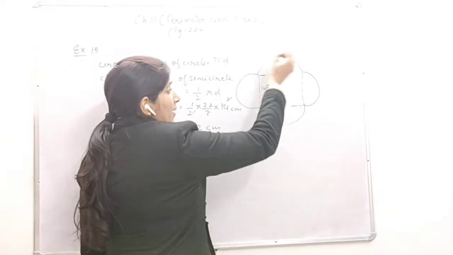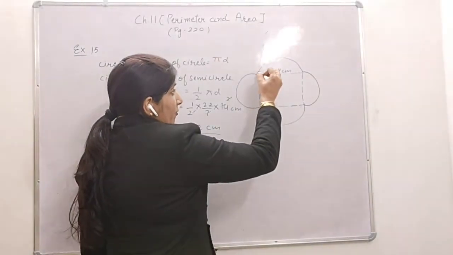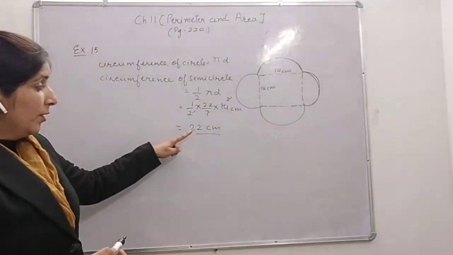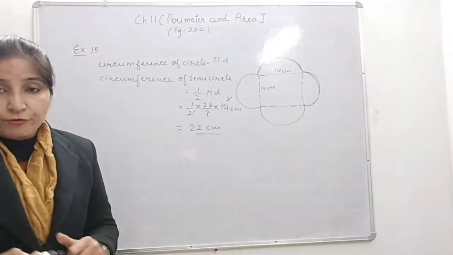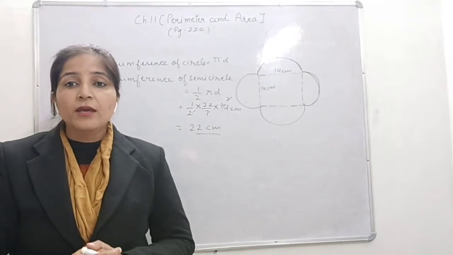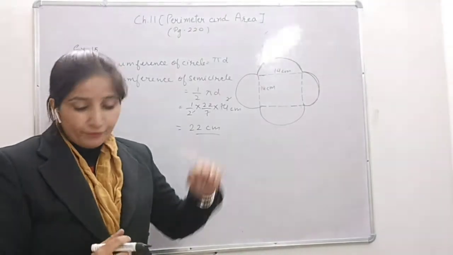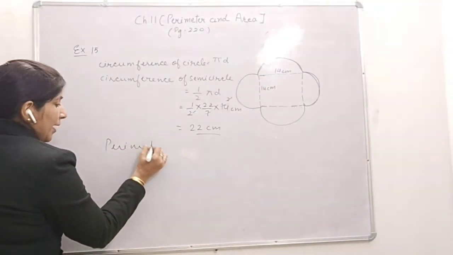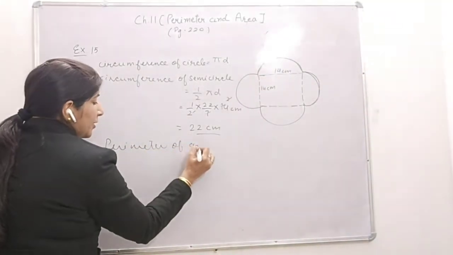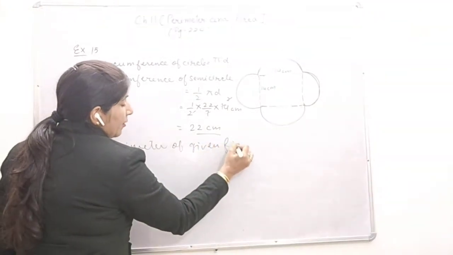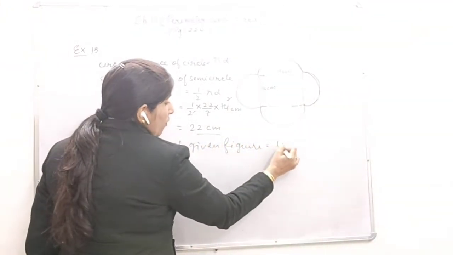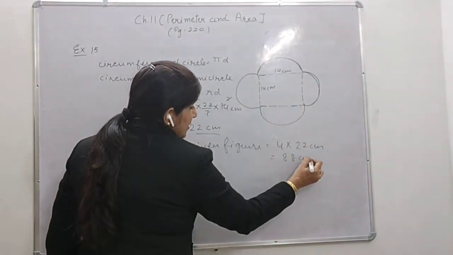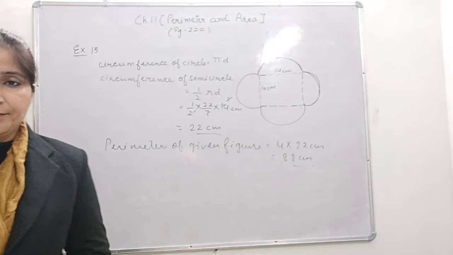But to find the perimeter of this complete shape, we have 4 similar semicircles. So is it the answer? No. We need to multiply it by 4 to get the perimeter of the complete shape. So the perimeter of the given figure will be 4 multiplied by 22 centimeter, which means 88 centimeter will be the answer.